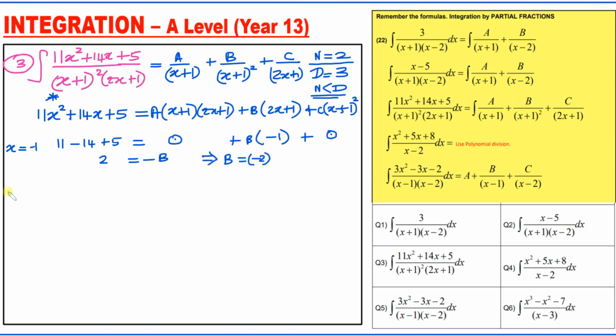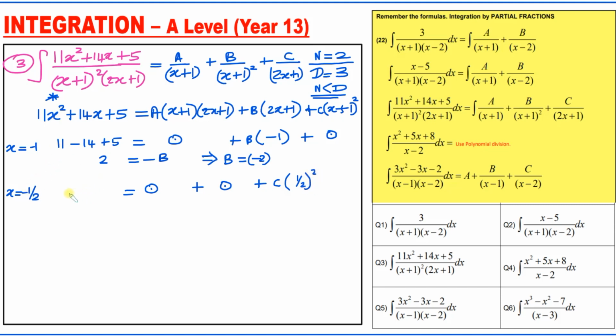Now the next one you can do: x equals minus half. When you put in minus half, the right-hand side, the first term is 0, then the second term also 0 with the b, and the c part becomes c times (minus half plus 1), which is just half squared, right?